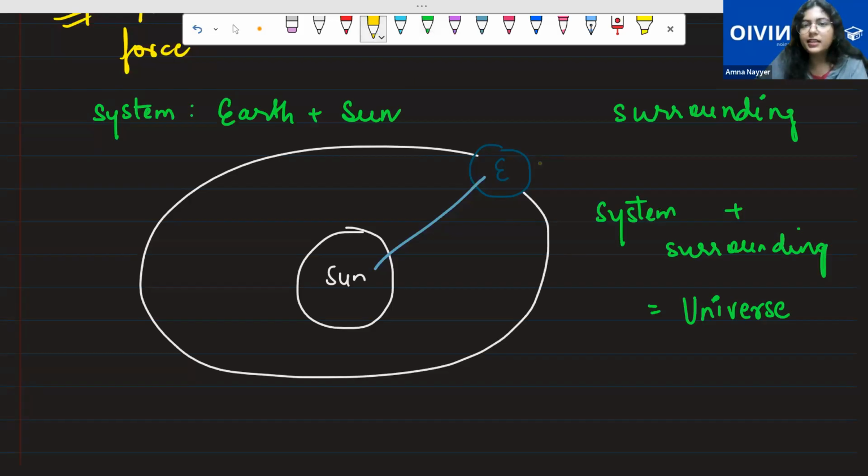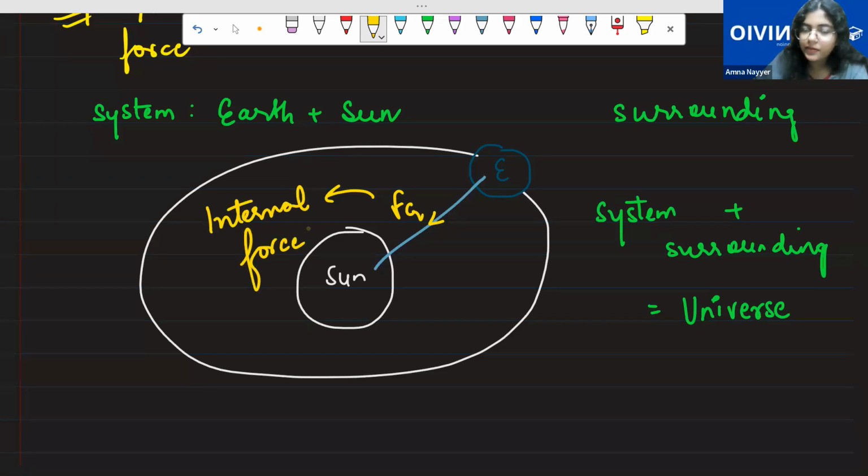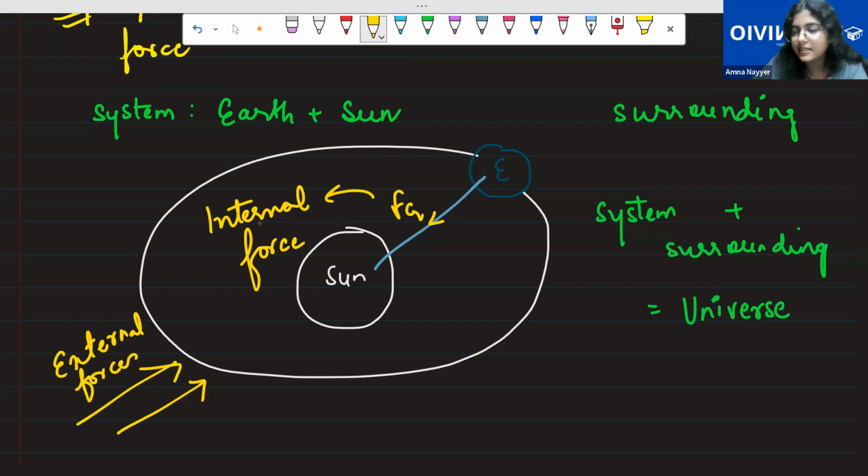Now, if I say there's a gravitational force existing between the Earth and the Sun, so this will be categorized as an internal force because this is a part of your system. And any other force which is acting from outside will be categorized as the external force. This is categorized as external force. This is categorized as internal force. Okay, internal forces, external forces.